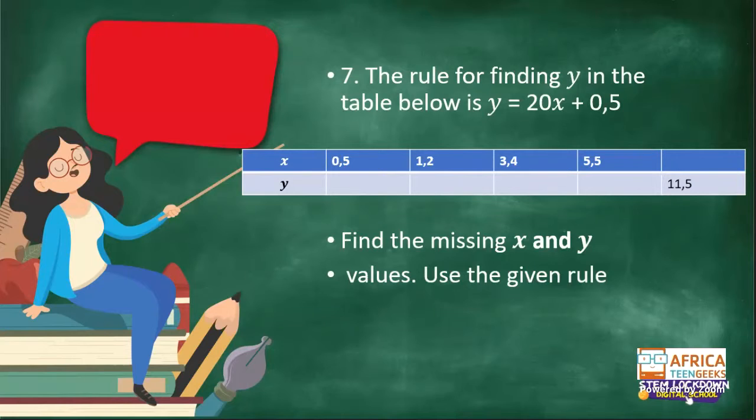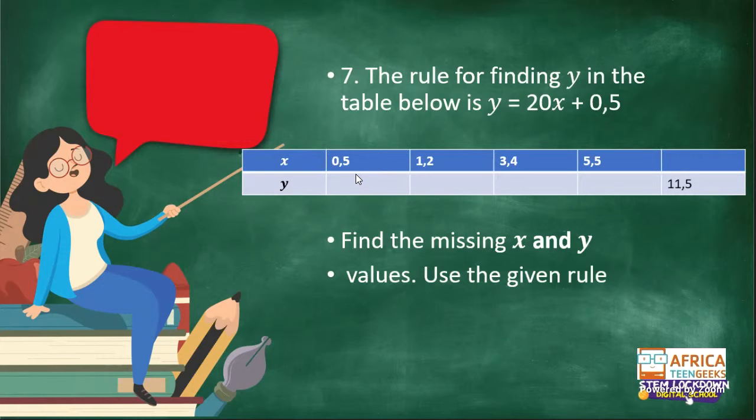Right, we have the rule now for finding the y value there. We say that y is equal to 20x plus 0,5. Sir, I think the answer is 50,0. For which answer now? The y value. Yes, the first one.